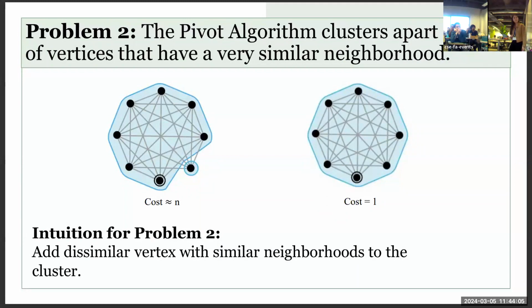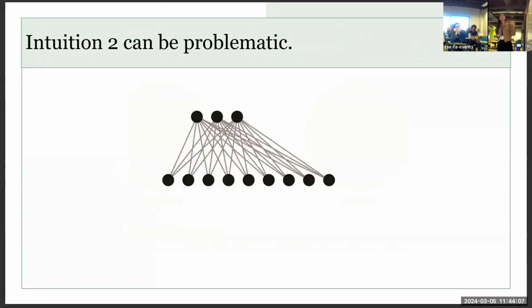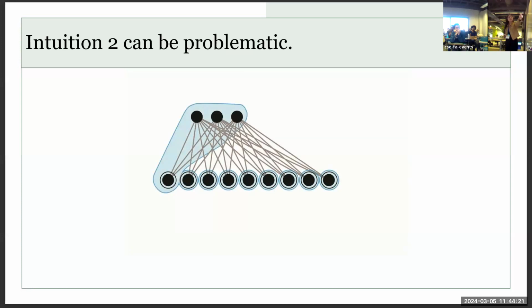But here our intuition might actually go wrong. So let's take a look at this example. This is an unbalanced complete bipartite graph. What happens is the pivot might pick, with higher probability, one of the vertices from the side that has too many vertices. And then we would just cluster the vertices from the top part with this vertex.